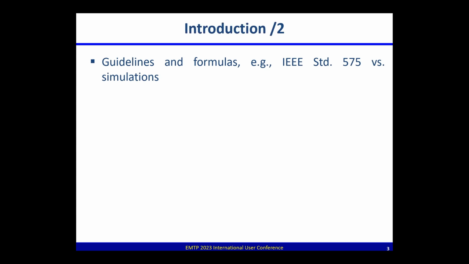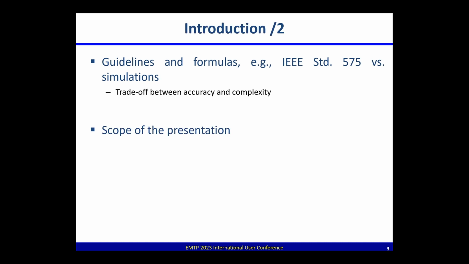And of course, we can also perform simulations with the EMTP software in order to estimate both the induced sheath voltage and the induced sheath current. Of course, if we use analytical formulae versus simulation, we have a trade-off between accuracy and model complexity.